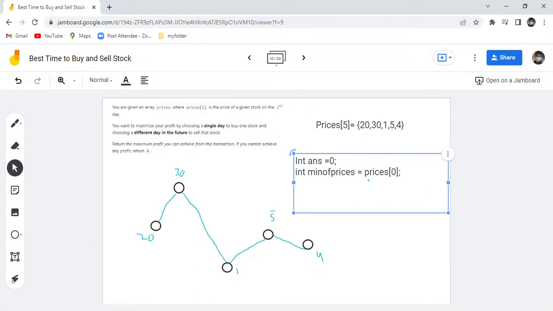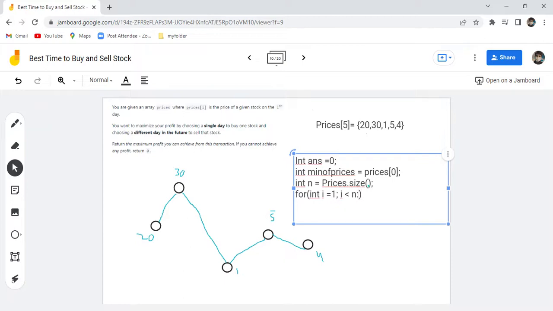So now let us have a for loop which will be running from integer i equals 1, i is less than n, n is the size of the array, so let n equal prices.size.